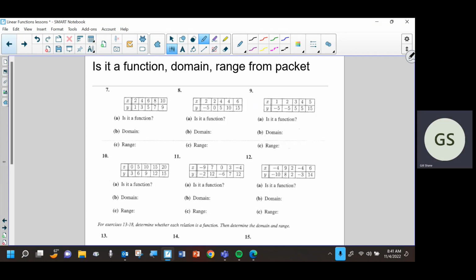So if I give you this table right here, actually any of these. So I gave you those tables and I say, what's the y-intercept in 10 and 11? I want to know the y-intercept. So I didn't give you a graph.